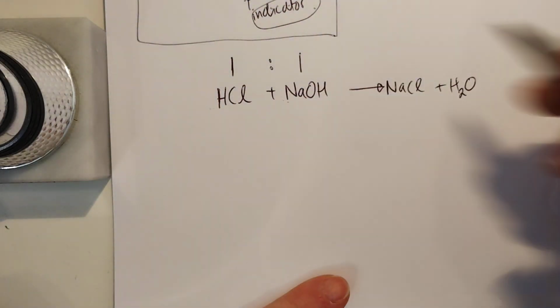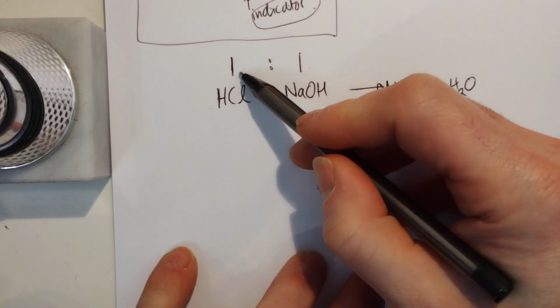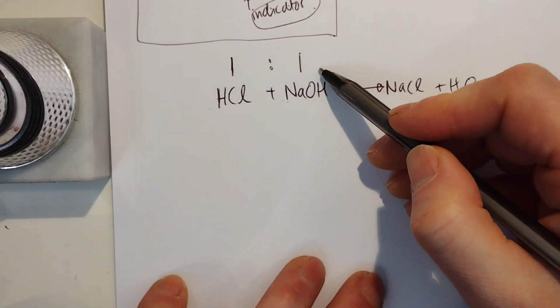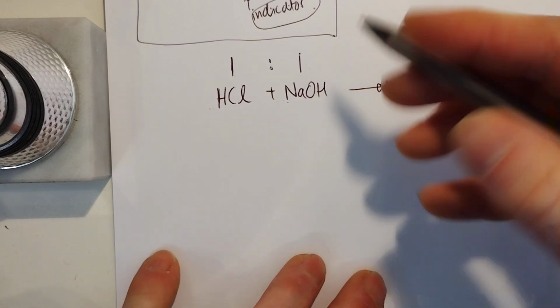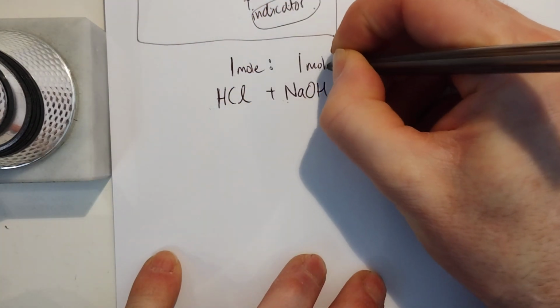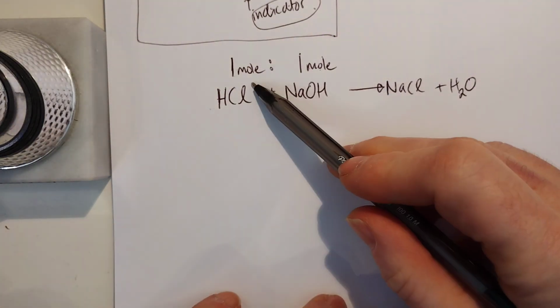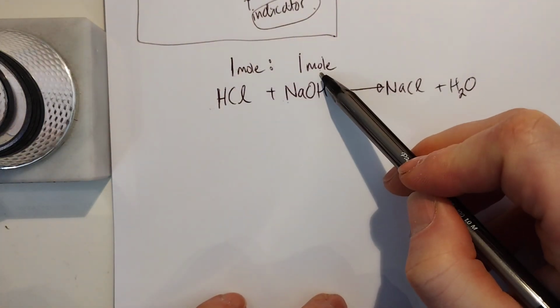So if one of these reacts with one of these, I know that 1 dozen of these reacts with 1 dozen of these, and therefore 1 mole of these reacts with 1 mole of these. This is our molar ratio. 1 mole reacts with 1 mole.